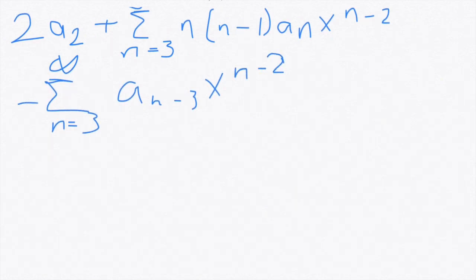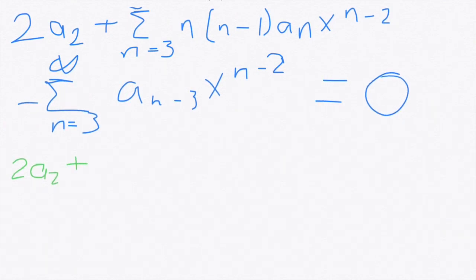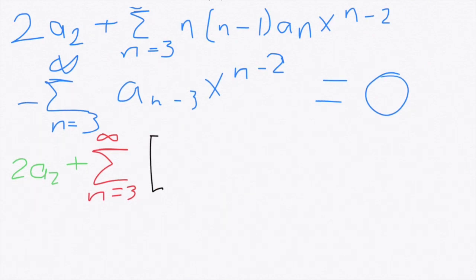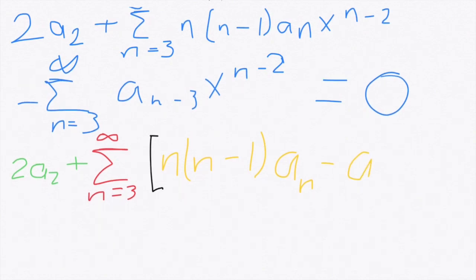Right? So now, since the series have the same lower index, we can combine them. This equals 0, by the way. So we have our first term, 2a sub 2, plus, now our combined series is the sum from n equals 3 to infinity of, so now we're going to combine these two, just open our bracket, to get n minus 1, a of n, minus a of n minus 3, x to the n minus 2.